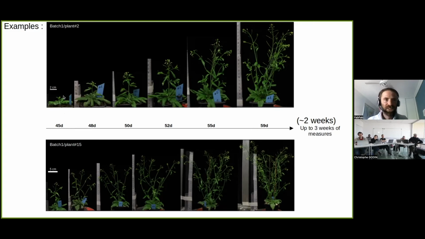You see that this plant is just bolting here, while this plant has already bolted, maybe 1 week before, so you had a significant desynchronization of this batch of plants. But at the same time, I think it was good because you can compare the growth rate of those different plants in the end.